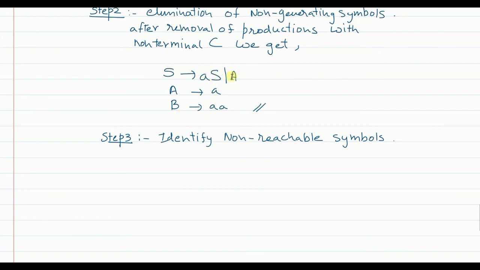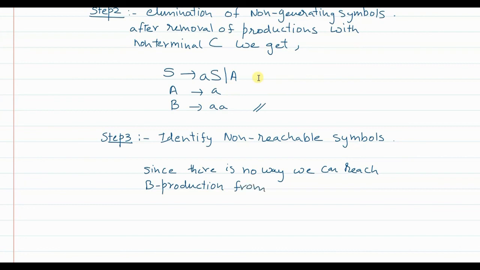Because B is not involved on the right hand side. So since there is no way we can reach B production from S production, B is non-reachable.